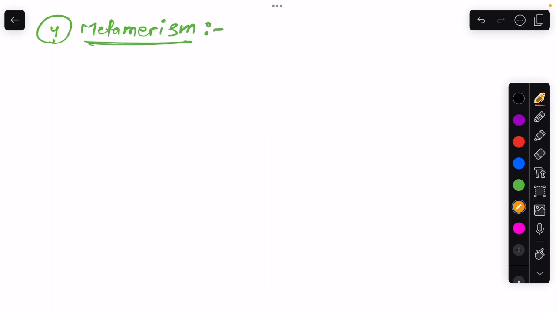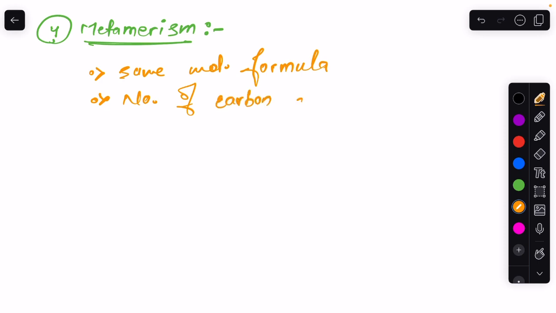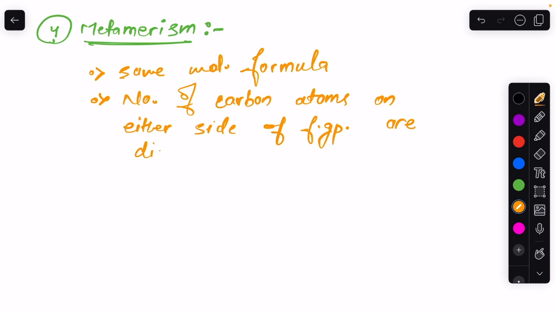So in metamerism, the molecular formula again of 2 or more compounds are same, but the number of carbon atoms on either side of functional groups are different.